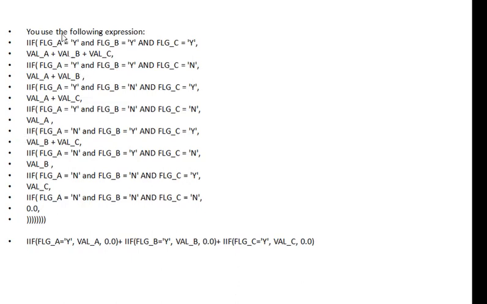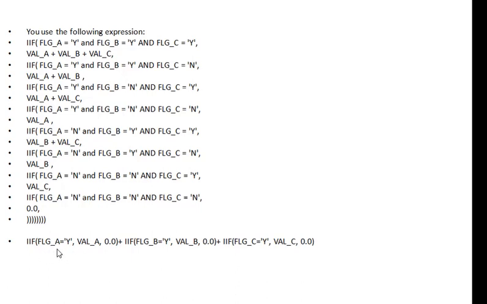So if flag A has a value Y, flag B has a value Y, flag C has a value Y, I'm going to add A, B, C. If flag A has a value Y, flag B has a value Y, but C doesn't have value Y, I'm going to just add A and B. Similarly, I'm going to make all these different combinations and I have to write the if condition 8 times. But instead of writing the if condition 8 times, I can achieve the same result by writing it just 3 times.